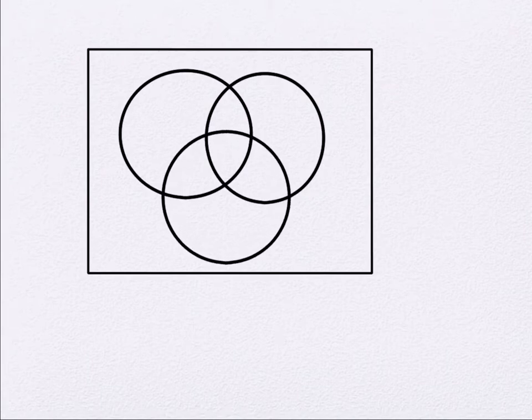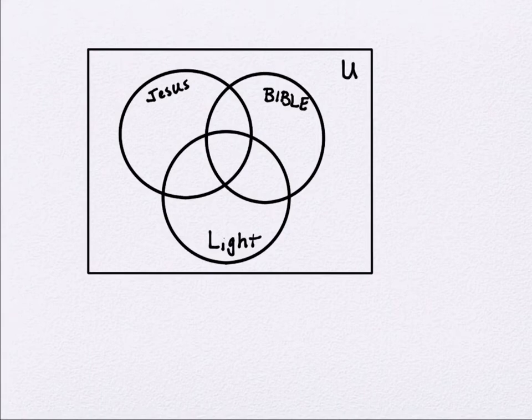And I'm going to do them in the order that they show up in that list. Jesus Loves Me is the first one. I'll abbreviate by just writing Jesus. The Bible was next. And then the last one, This Little Light of Mine, so we'll write just Light. And we have our universal set on the outside. Okay, is that all right?